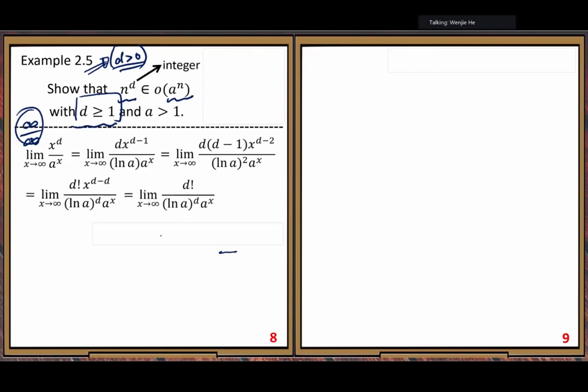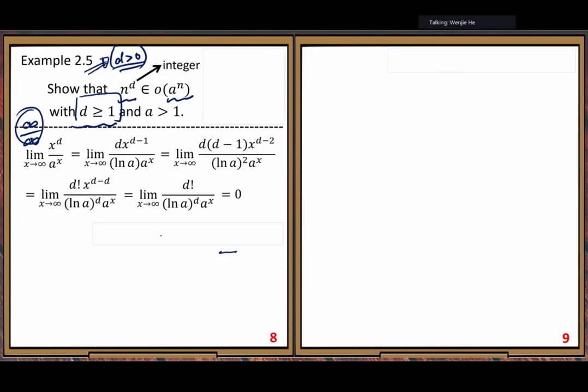After simplification, we have the limit with numerator d factorial and denominator natural log of a to the d, times the exponential function a to the x. When x goes to infinity, because a is greater than 1, this limit must be 0.